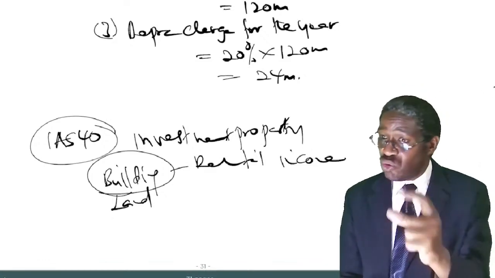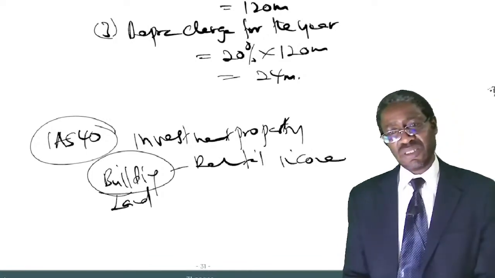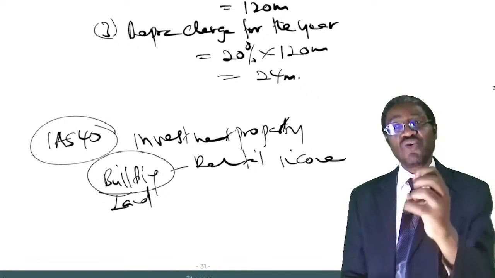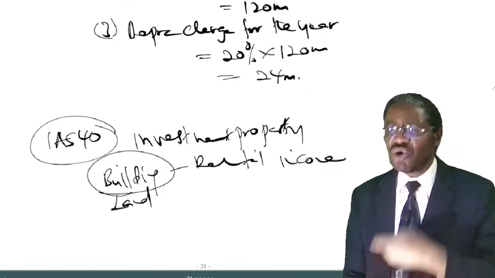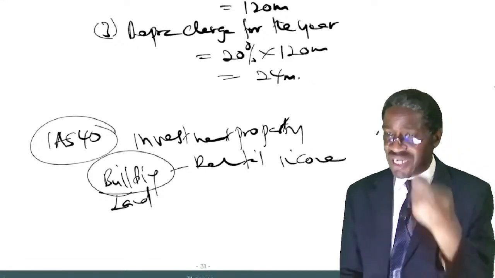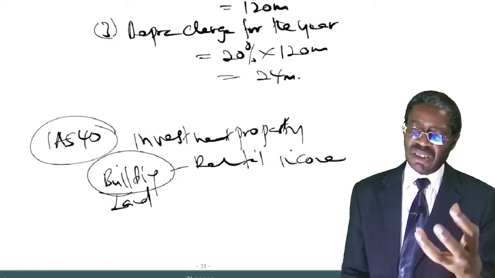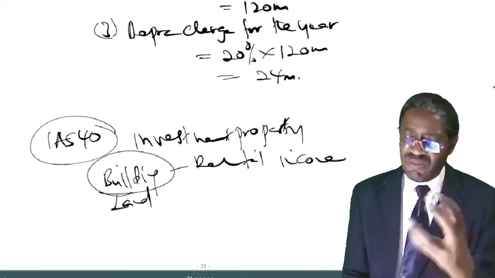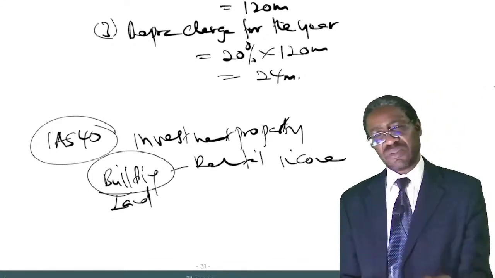And yet you are a manufacturing company holding a building to generate rental incomes. When you have such an asset, IAS number 40 says it should be called an investment property.